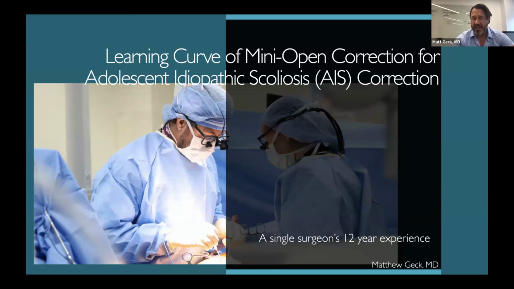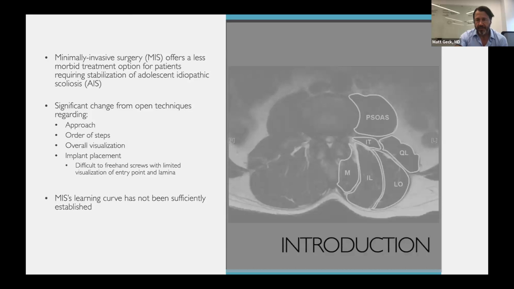So I was interested in learning curve data for this procedure, just as an example of how we all learn as surgeons and how we all progress through surgical techniques. Part of that was a big rash of papers that came out in the Scoliosis Research Society talking about learning curves having an initial shoulder, but then flattening out.